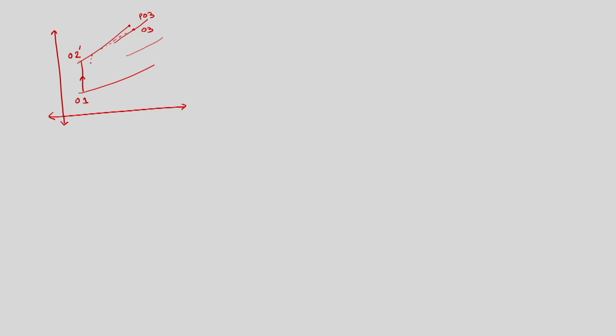This is not 2 dash, this is not 2, and then expansion in the turbine is isentropic. This is not 4 dash, this is not 4, and then further expansion in the nozzle can also be isentropic or need not be.